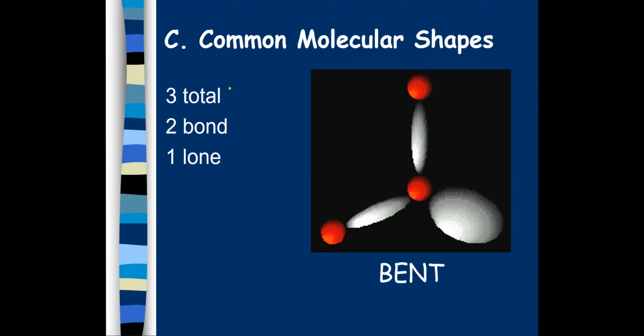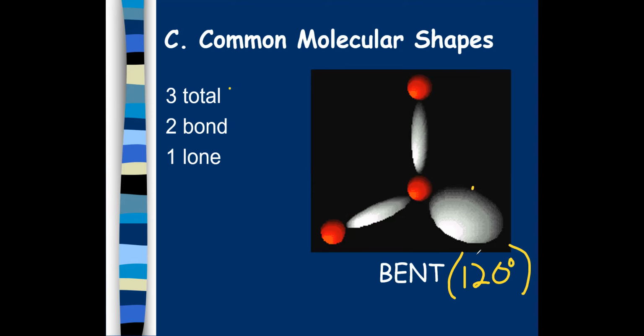The name of it is called bent, but this is a bent that comes from 120. So remember this much, because this is a bent that comes from the trigonal planar. There are bents that come from another kind. And so the bent in this case is 100. The original angle was 120.